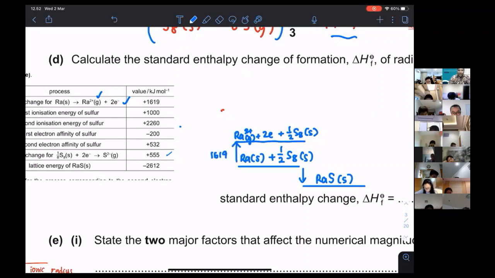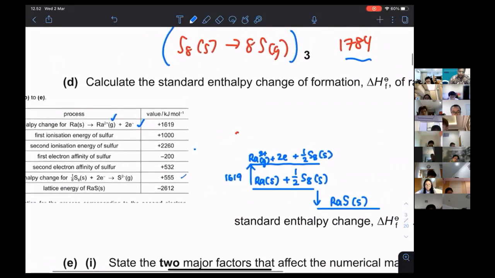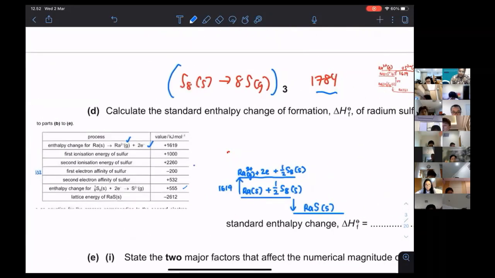Okay, next step, of course, is going to be related to sulfur. If you look at related to sulfur, no need to atomize because I don't see any kind of information other than the one that you calculated.